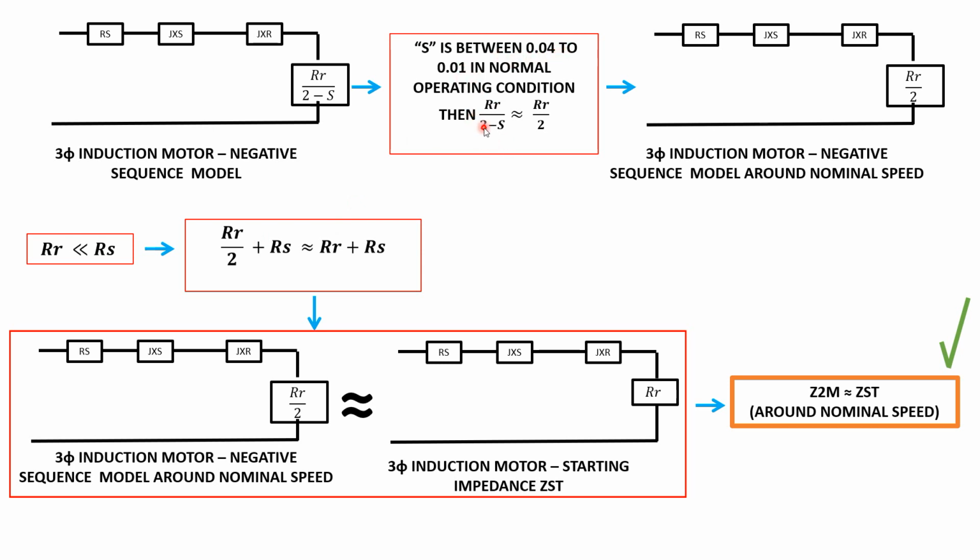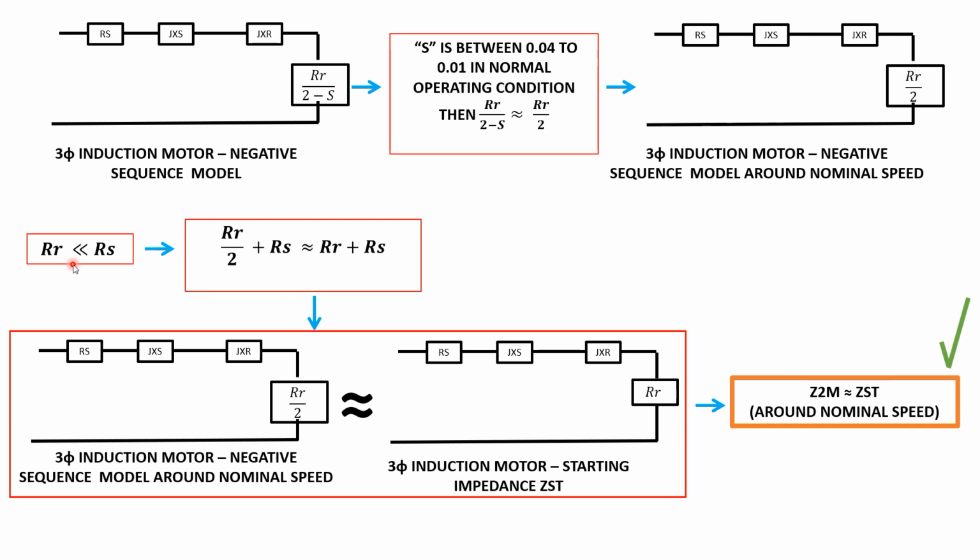With such a small S, R divided by 2 minus S, you can basically assume is equal to R divided by 2. So we can ignore S for speeds around the nominal speed. So we get R equal to RR divided by 2.